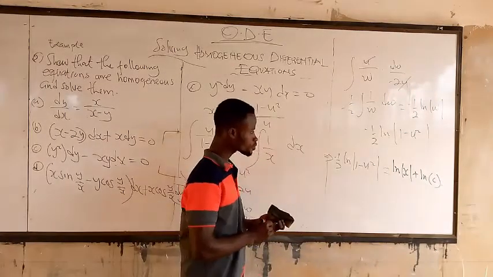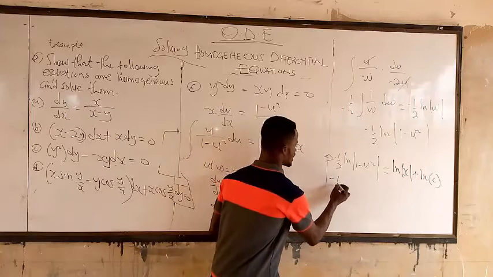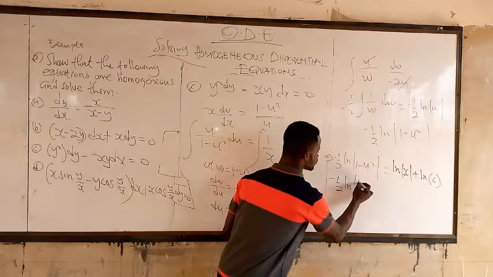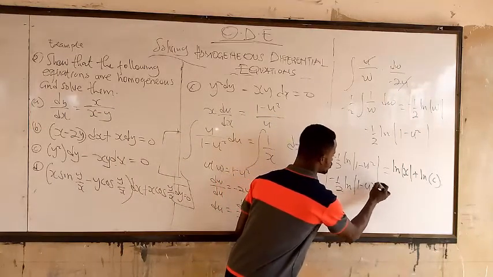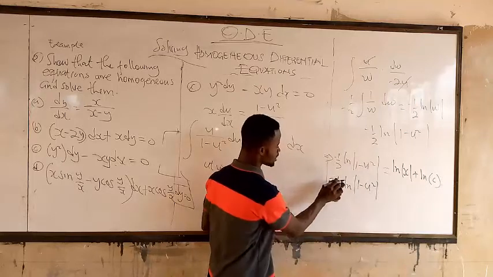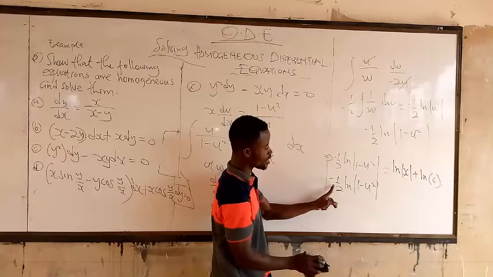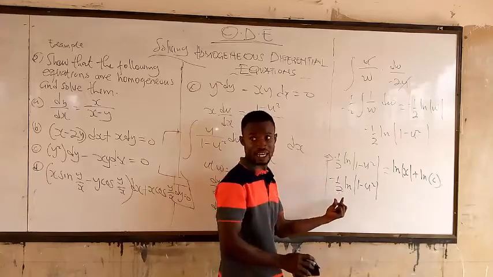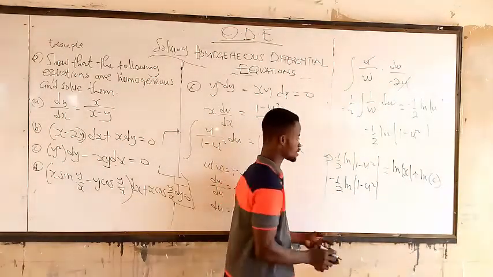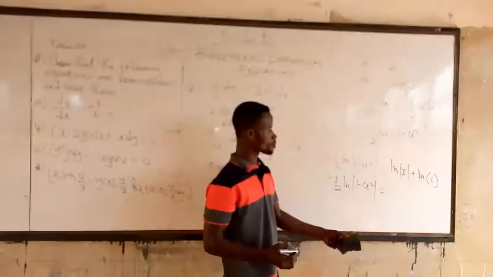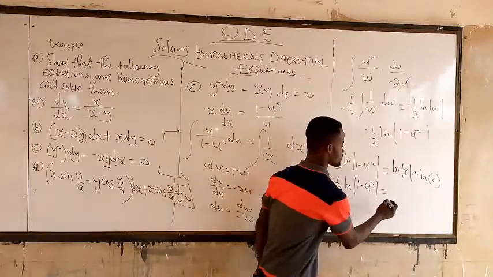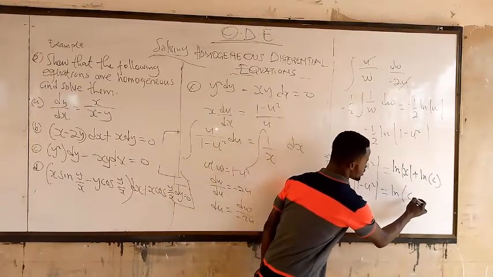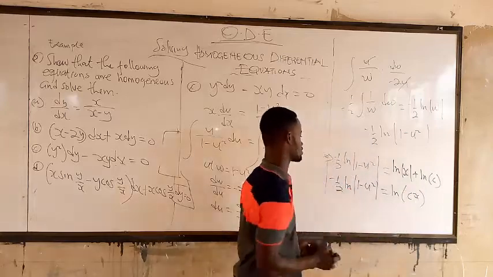Okay. So here, negative half ln 1 minus u squared. We can square this side, but let's leave it as that. So this is equal to ln cx.